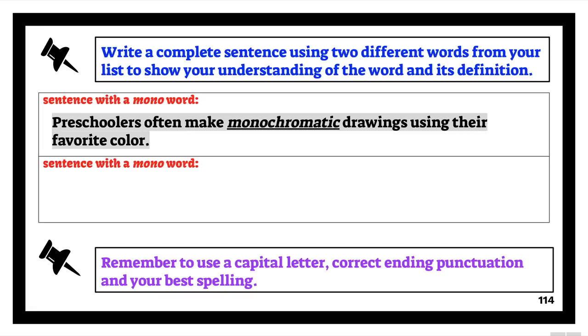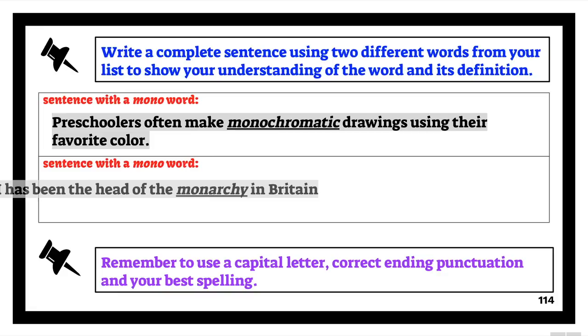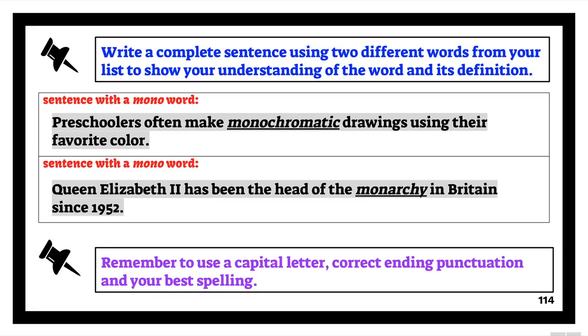Based on the sentence, I know that monochromatic must mean only one color, because it says that the preschooler uses their favorite color in their drawing. Here's the second example. Queen Elizabeth II has been the head of the monarchy in Britain since 1952.